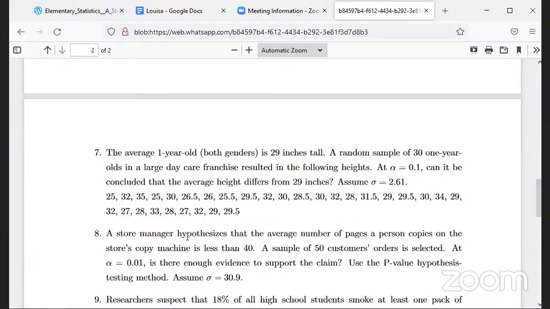A random sample of 1-year-olds in a large daycare franchise resulted in the following heights. These are the heights, and we've been told that there are how many? 30. So the sample is 30. Now we'll count all of this, you get 30.